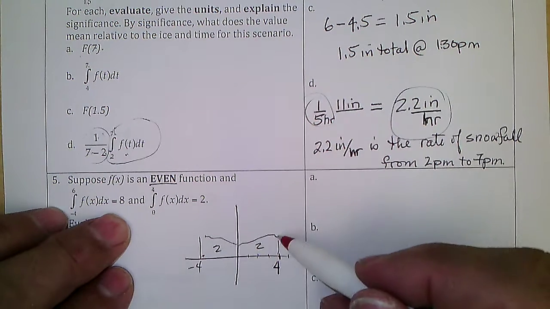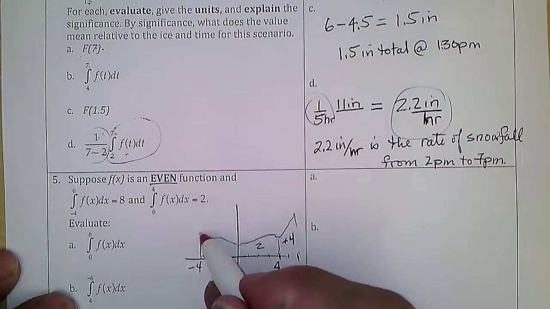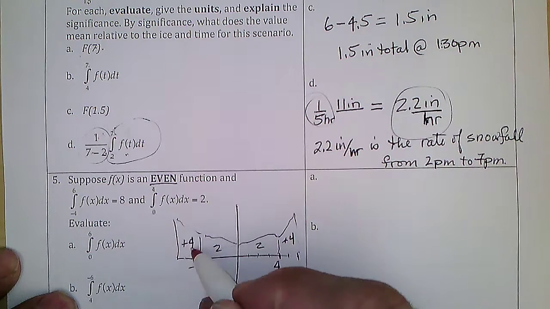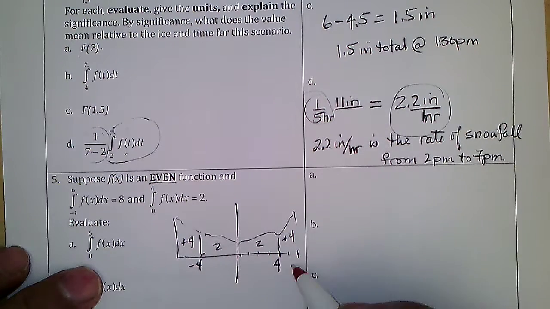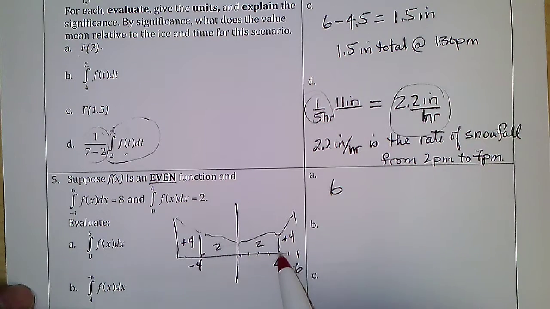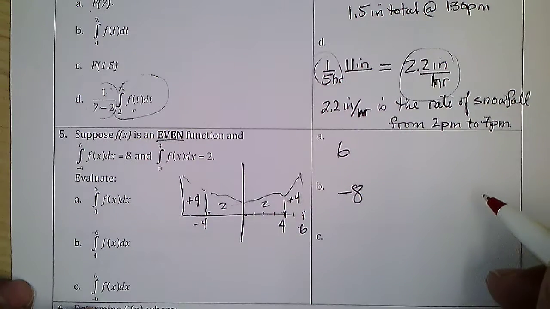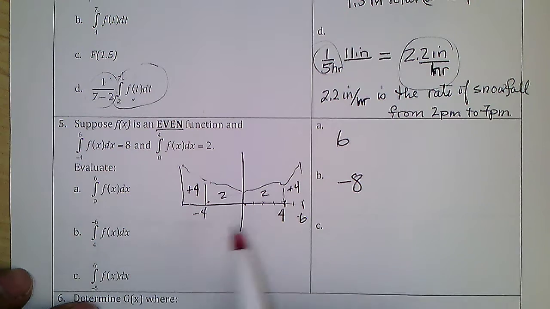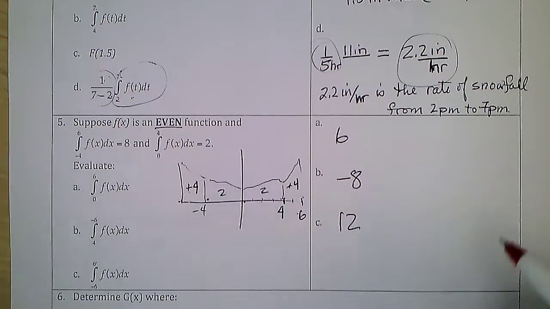Well, we already have 4, so this part here has to be 4 more, which means on this side it has to be +4. So from 0 to 6, that's 2 plus 4 is 6. From 4 to -6, well, from -6 to 4 is 8, so 4 to -6 is -8. And from -6 to 6, we're getting 4 plus 2 plus 2 plus 4, which is 12.